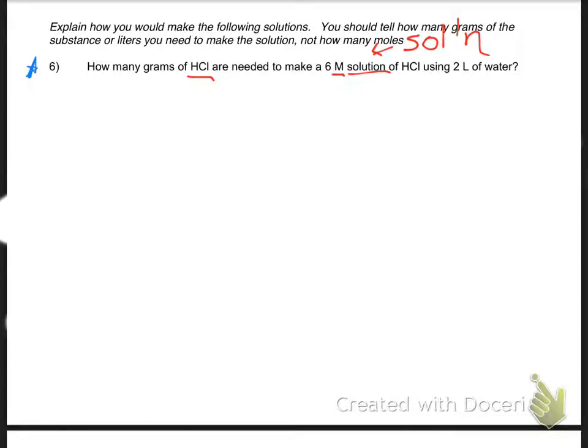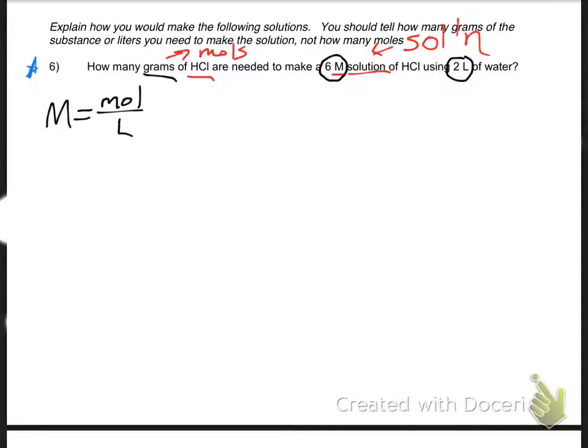All right. So we've been saying that we're always going to be using this. Molarity equals moles divided by liters. So here's my molarity. I have my liters, and then it wants grams. Well, grams is related to moles. A lot of times you are not going to be asked for how many moles, because think about it.